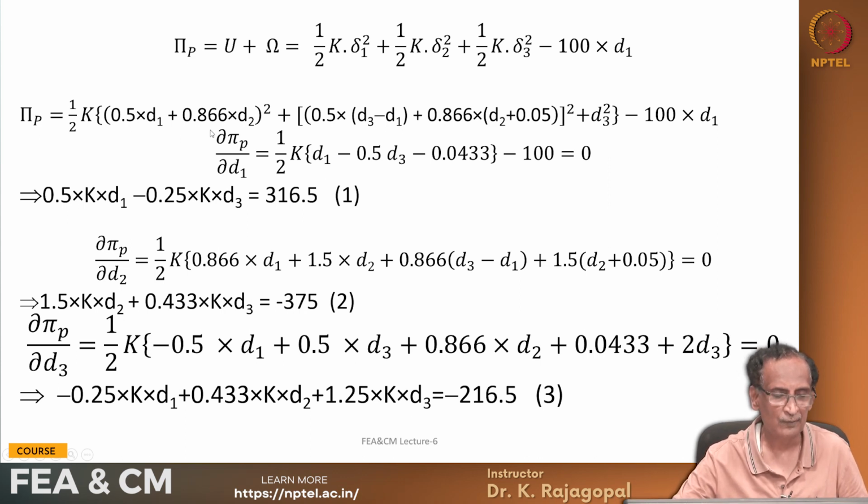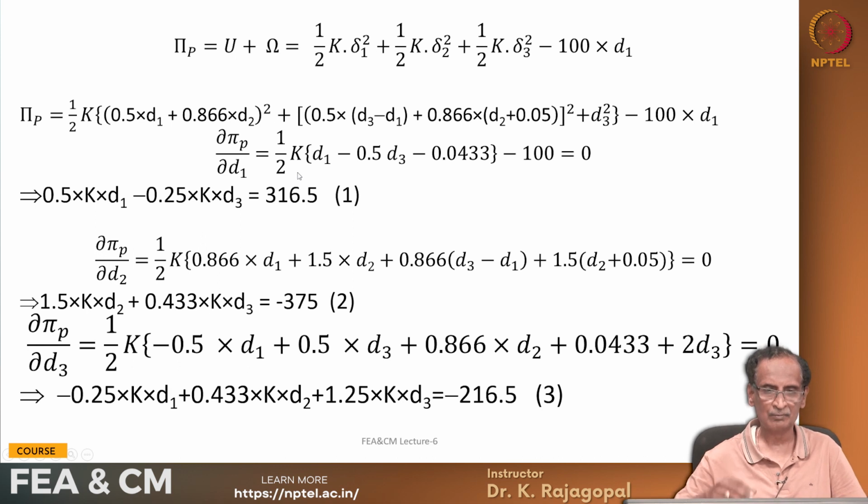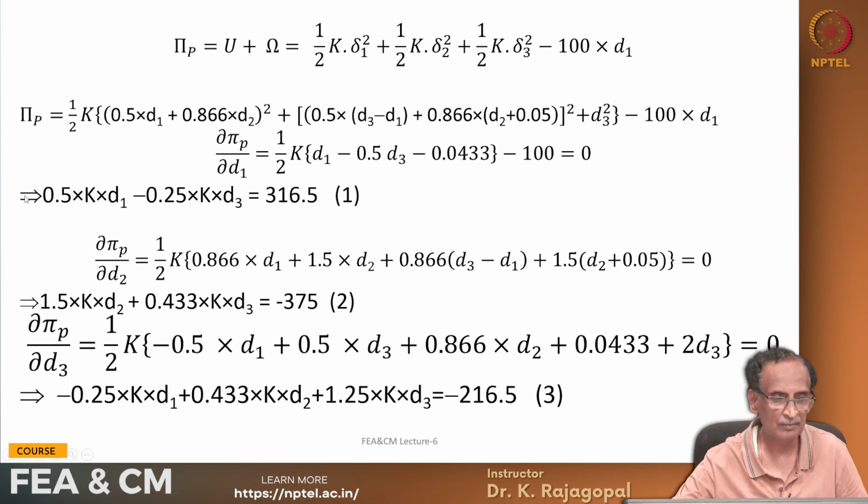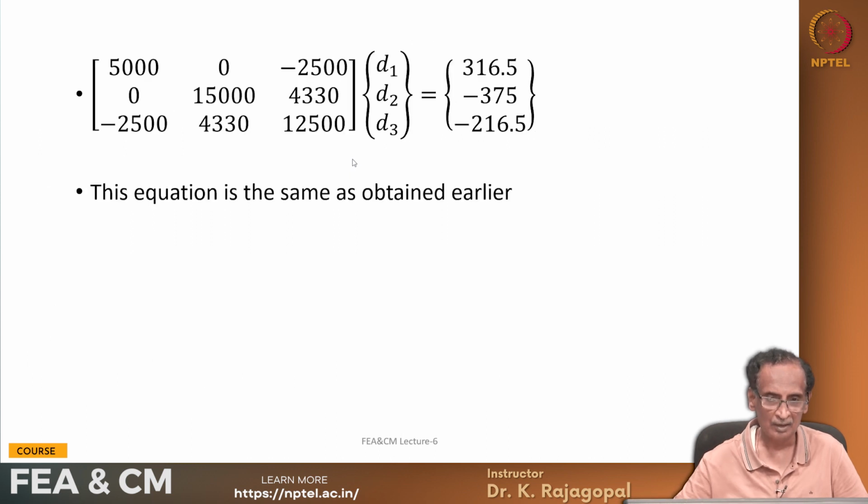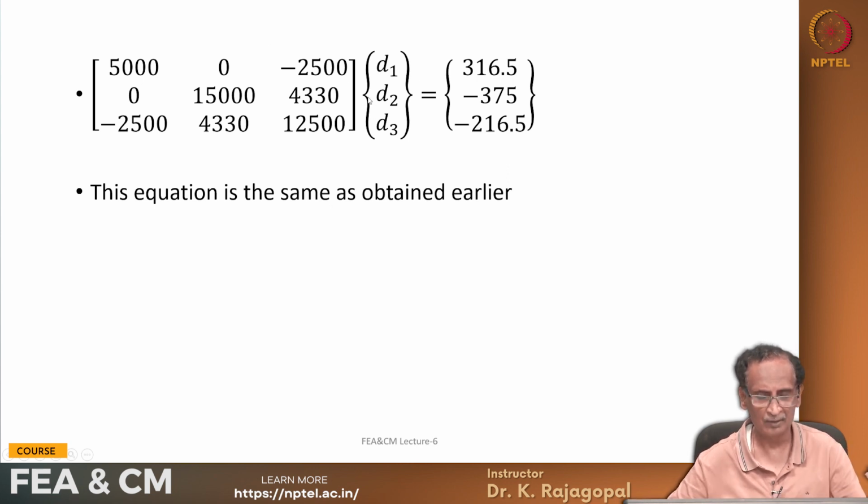And now we can differentiate this with respect to d1, d2 and d3, and you get a messy equation, but then you have to do it by pen and paper so that you can get it correctly, and I have done that. I've got 3 equations, equation 1, 2 and 3, by differentiation, and then by simplification we get these 3 equations, and then in a matrix form these are the equations d1, d2, d3, and this is exactly the same as what we had earlier.